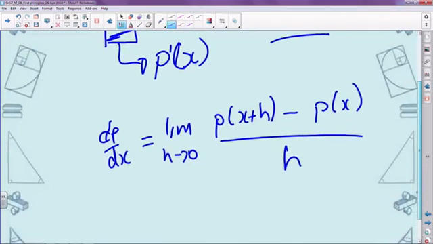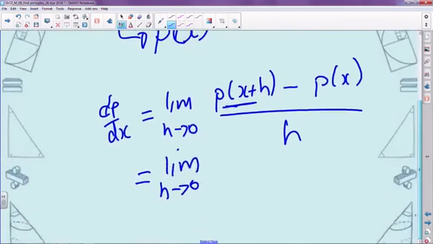I'm not going to do this part separately. I'm going to do it all as part of the same expression. If you want to, you can find p of x plus h on the side of your workbook and then put it in, but we're going to do it all together in one go.